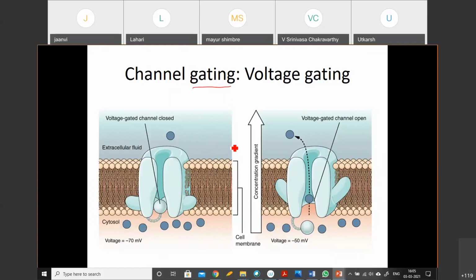Now, this gating can be controlled, for example, by varying the membrane voltage itself. If the normal voltage is minus 70 and I inject current into it, positive ions into it, the voltage will go up, obviously. Because you can think of the neuron as some kind of a spherical capacitor. If I inject charge into it, the voltage across the plates goes up.